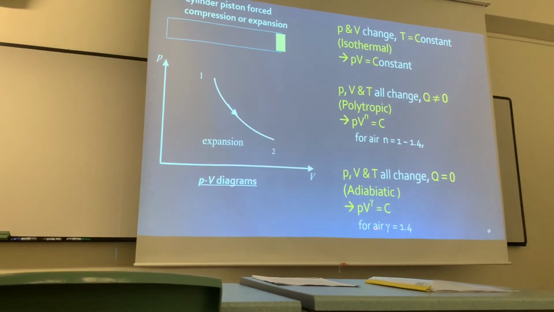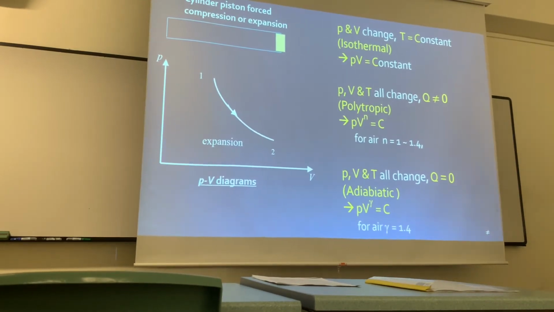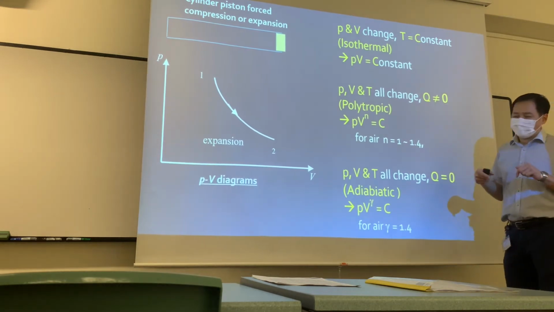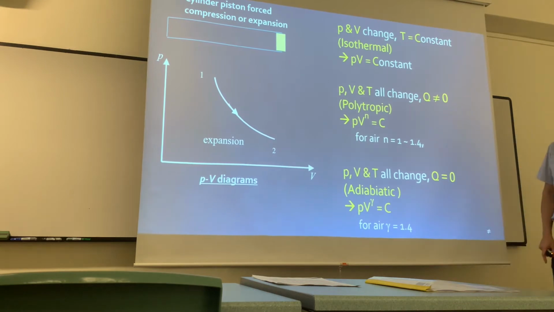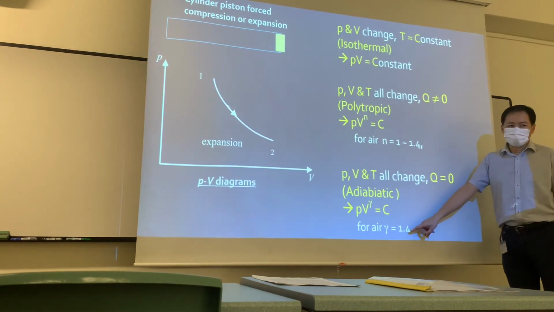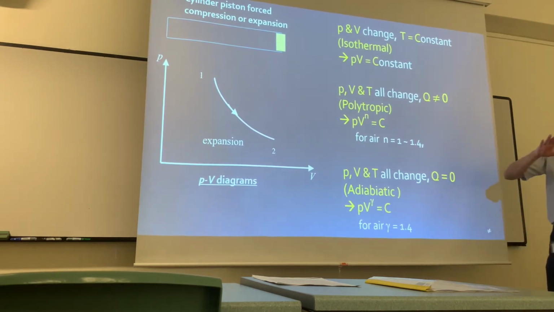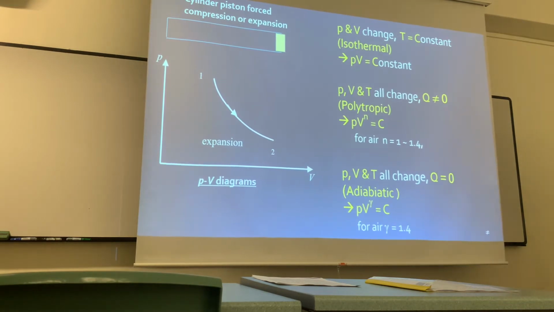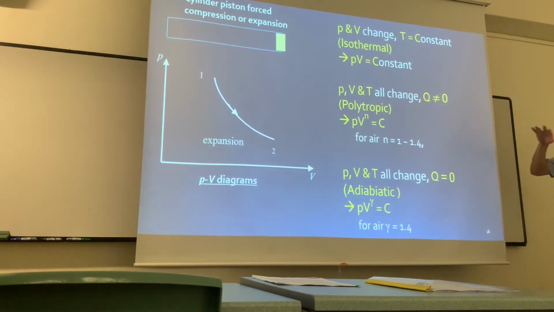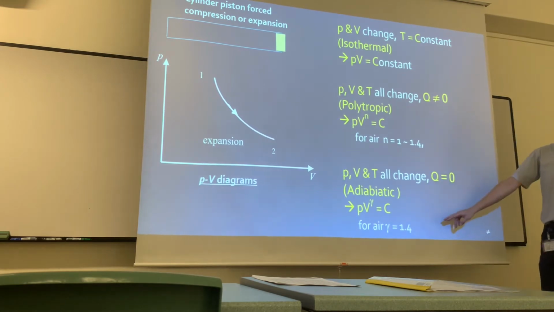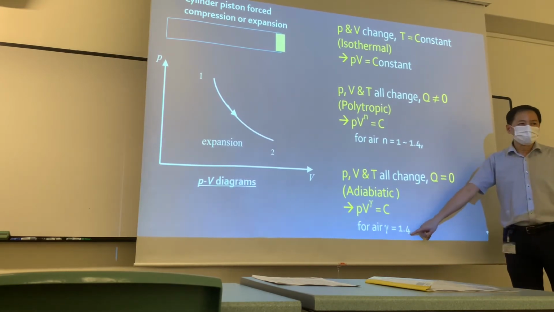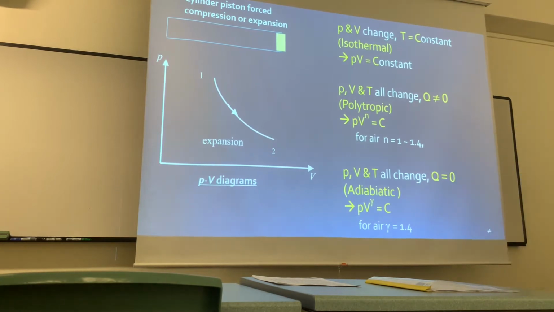So this gamma, for this thermofluid power, we use a fixed value of 1.4. If you ask me, is it always 1.4? I would say roughly that, but it's not really fixed. It changes a bit, it varies a bit. But for easy calculation, let's keep it at this value 1.4 for air.